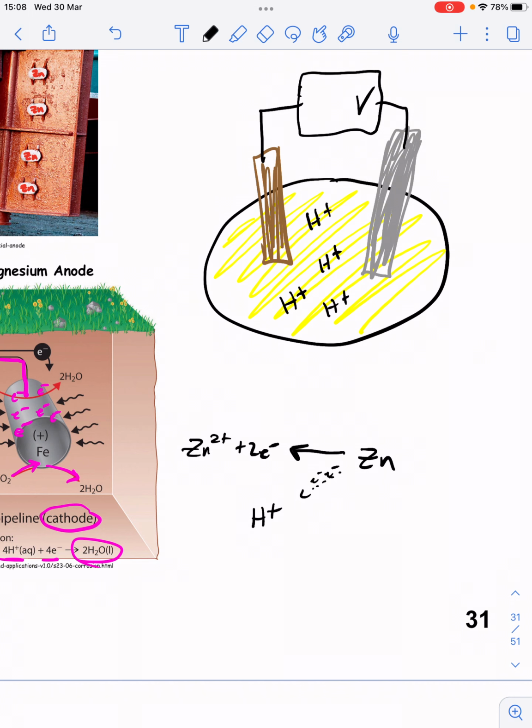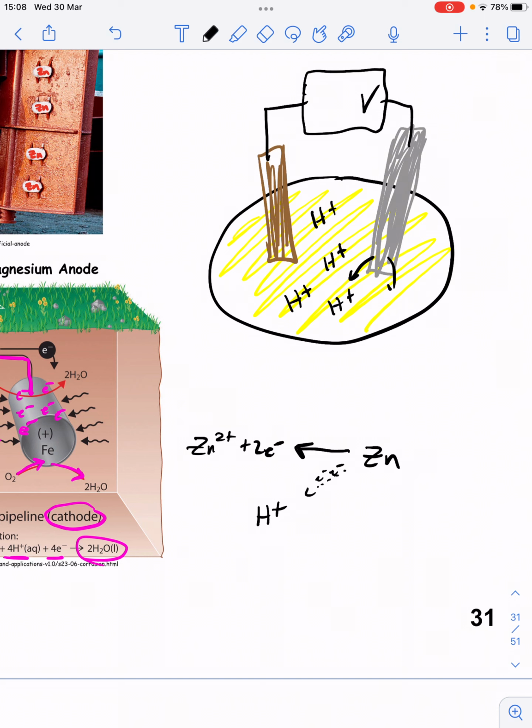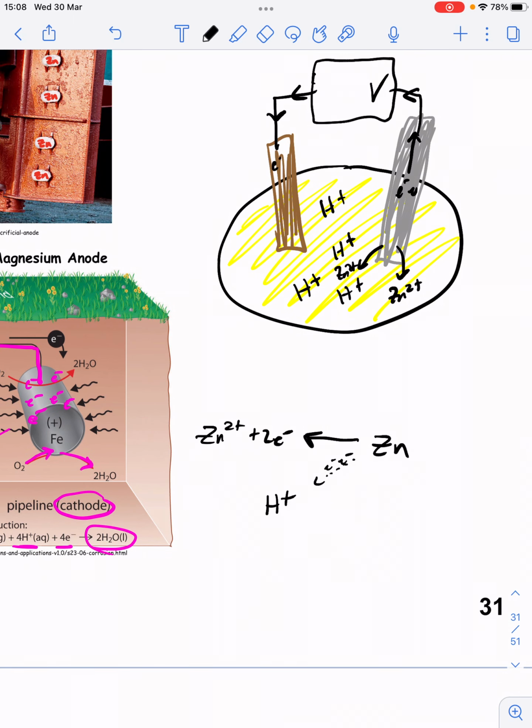So when we stick these electrodes in, the zinc starts oxidizing. The electrons are liberated from the zinc metal, and they travel through the external wire. They do the work. They make the buzzer go off. They light the light. And then the electrons travel down here.